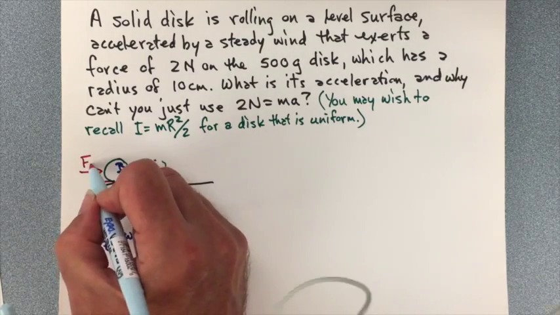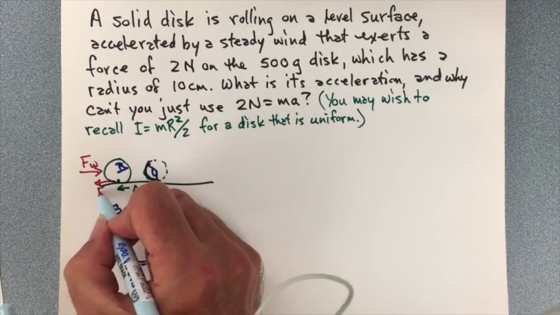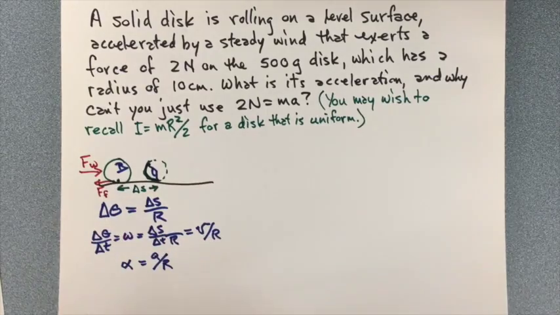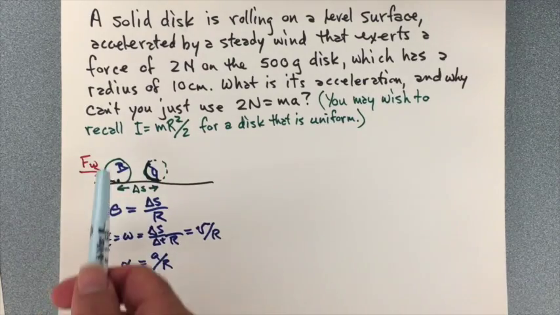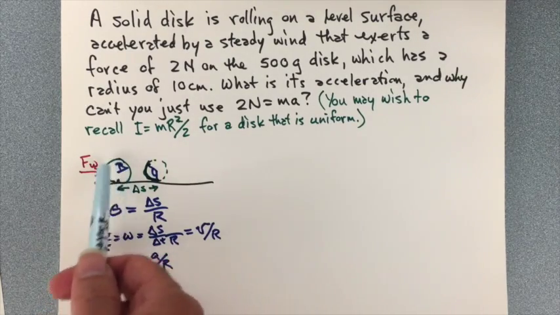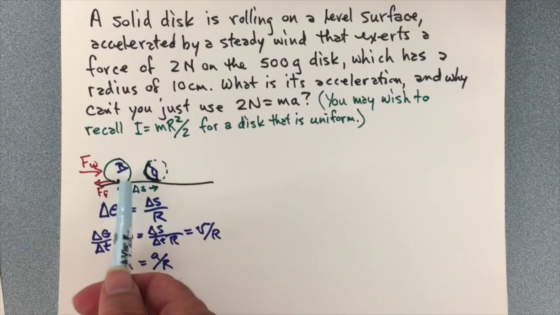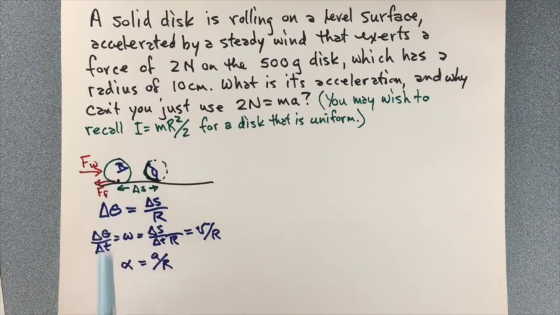So here's the force of the wind, and this way is the force of the friction, and they're going in opposite directions. The force of the wind is applied uniformly over this, so it doesn't apply any torque, but this force of friction is applied just at that surface at a distance of r from the center, so that does apply a torque. Now we have all the equations that we need to solve this thing.